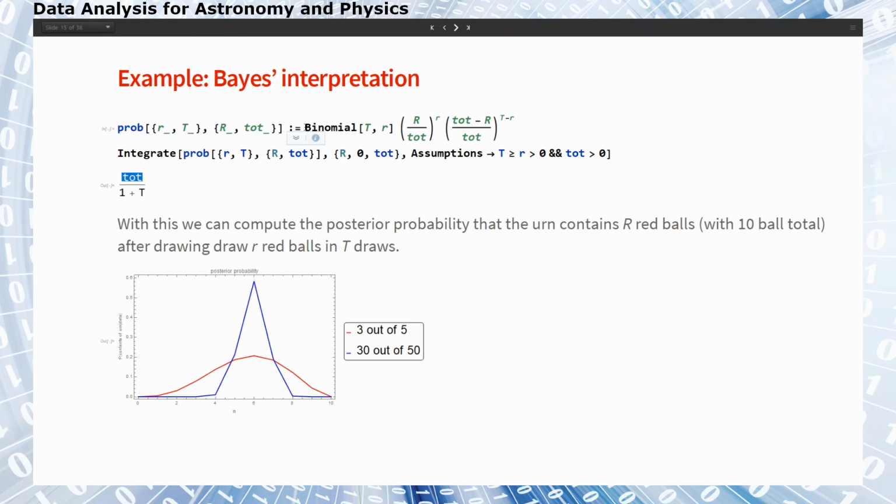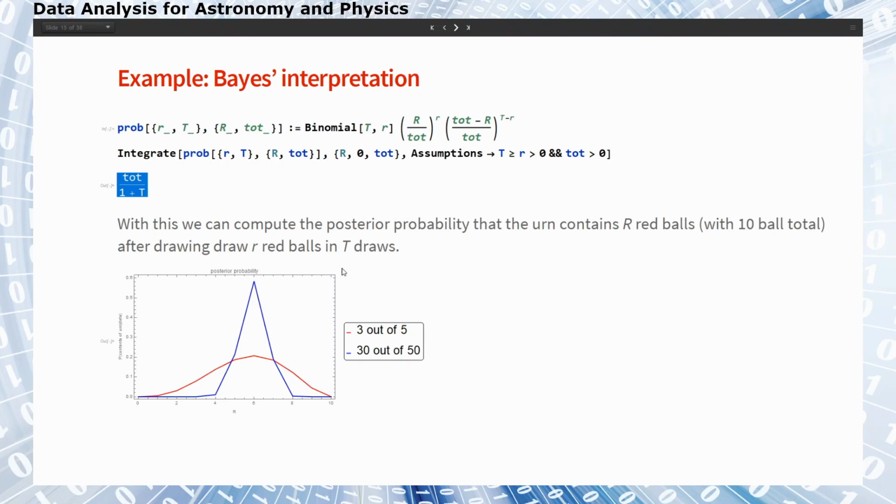This is the integral of this expression here. So when we divide this by this number, we finally have a probability distribution, and from this we can then compute the posterior probability that the urn contains R red balls.